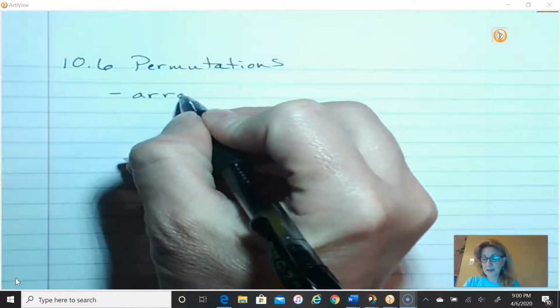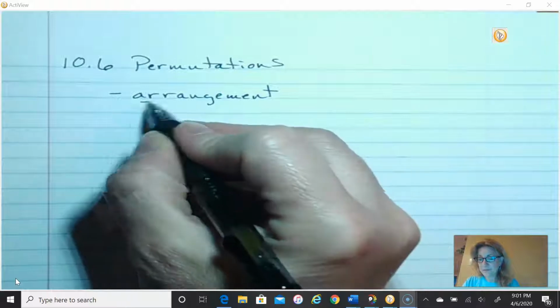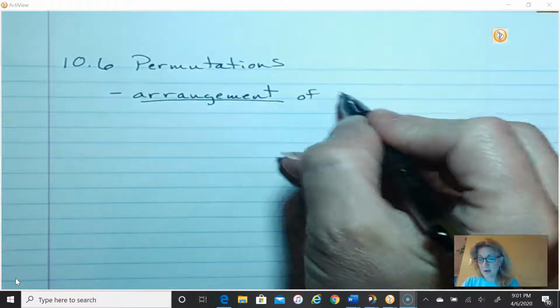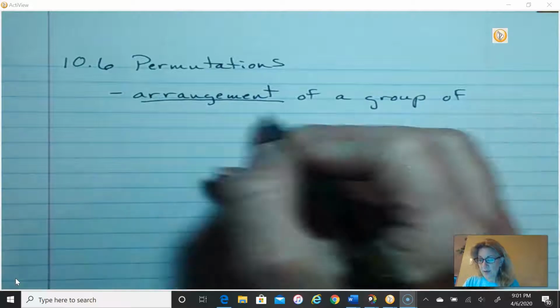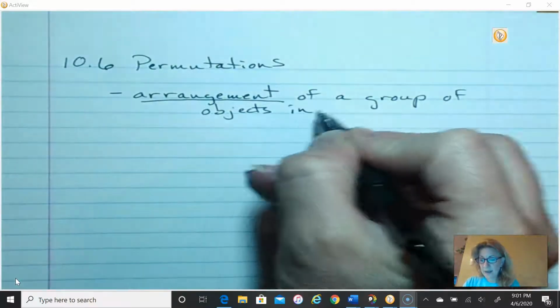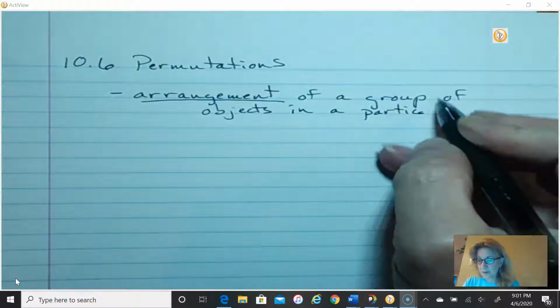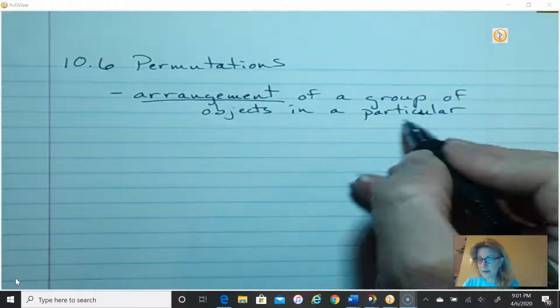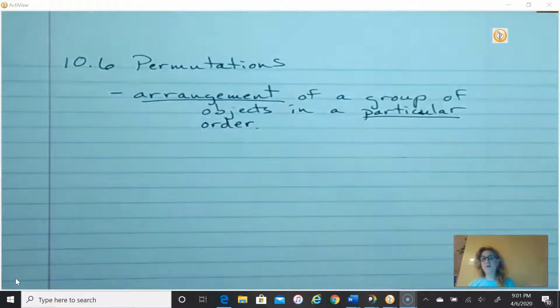It's an arrangement of a group of objects in a particular order. Okay, arrangement of a group of objects in a particular order.